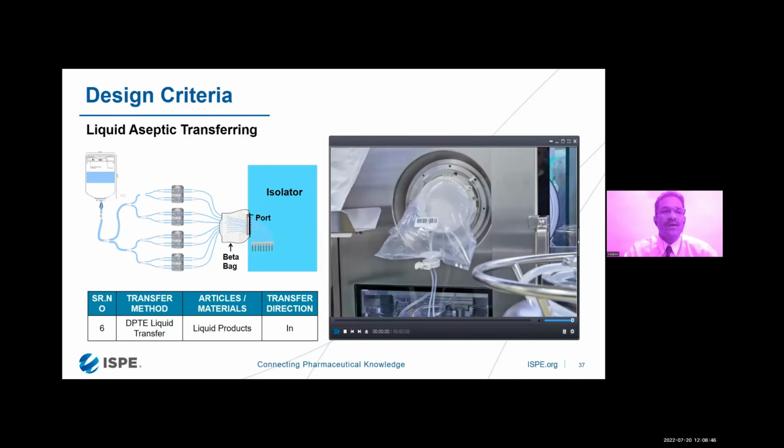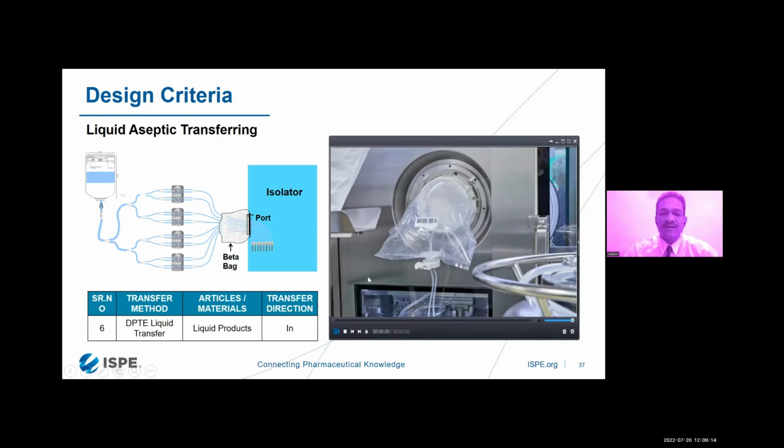Again, when we are talking about the liquid aseptic transfer, we can also use the single-use technology. Here you can see on the left-hand side the picture, which is showing the heads of the peristaltic pump. When we are talking about the heads of the peristaltic pump, in some cases the customer requires them to be installed outside the machine area. In some cases, they are also installed inside the machine area.